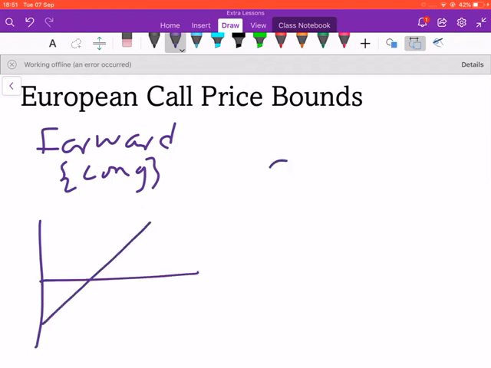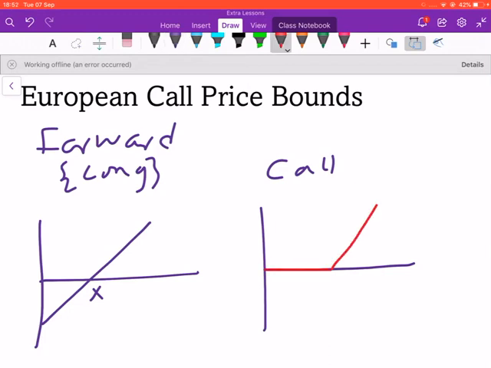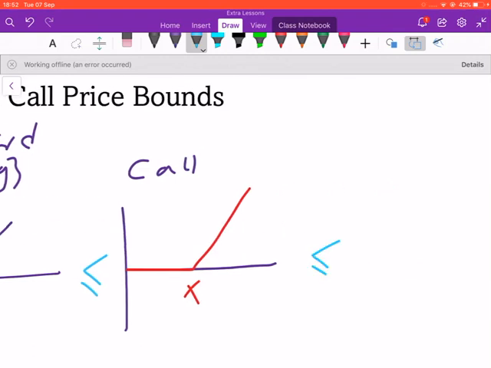Now for a call option, the payoff will only have the positives, otherwise you don't exercise, meaning that the payoff of a call is going to be greater than or equal to that of a forward.